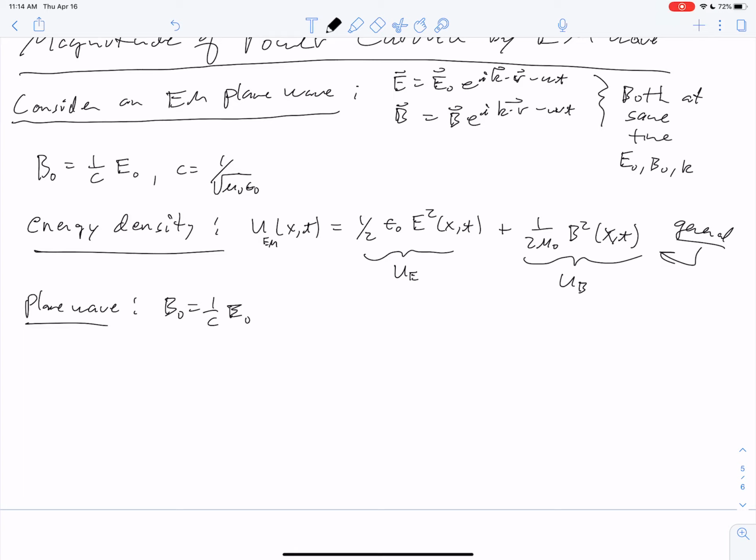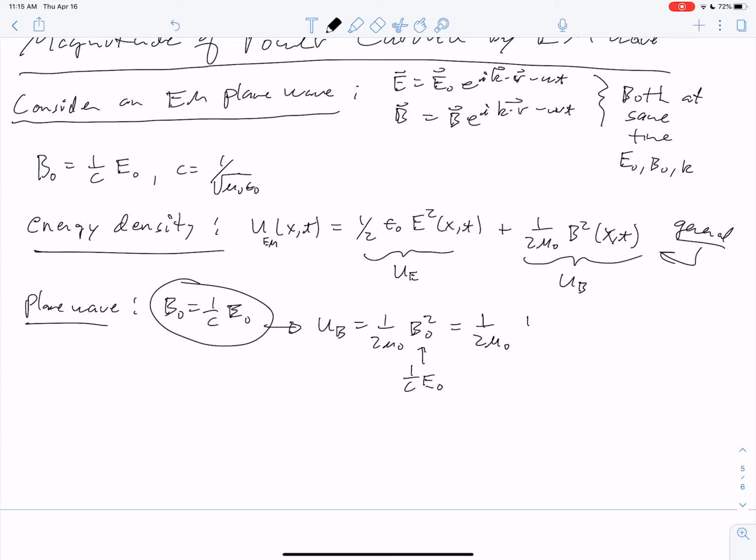And so for a plane wave, this tells us that the magnetic energy density, which is 1 over 2 mu naught B naught squared, is equal to, I can replace the B naught with 1 over c E naught.